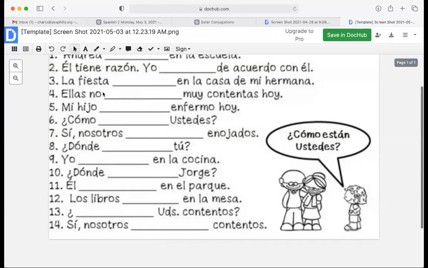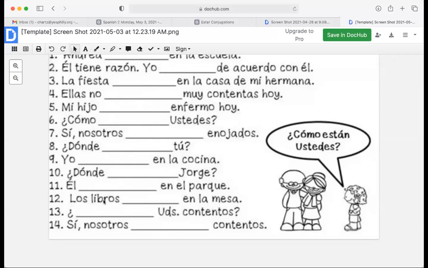Okay. Ellas is the ellos form. Mi hijo, that means my son, which is he. Ustedes for number 6. You guys. Nosotros, we. Tú for 8. Yo for 9. Jorge, which is he, for 10. Él, he, for 11.